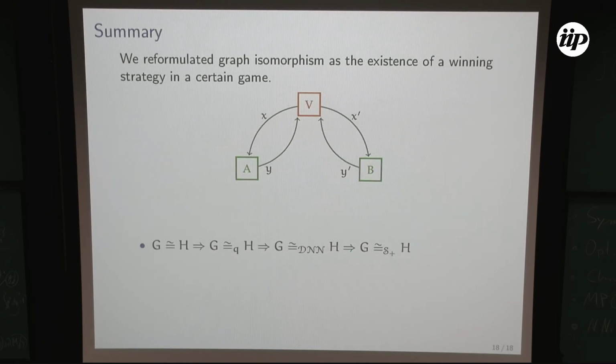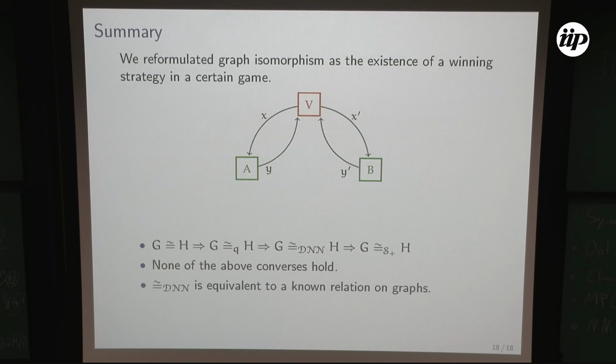And then we also looked at these conic relaxations of quantum isomorphism, because it turned out that quantum isomorphism is not decidable. So in general, given two graphs, I don't know how to tell you if they are or are not quantum isomorphic. So we looked at the doubly non-negative cone and the PSD cone. And I showed you these examples where you see that all these are new relations.